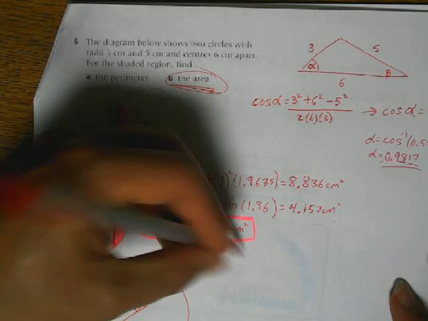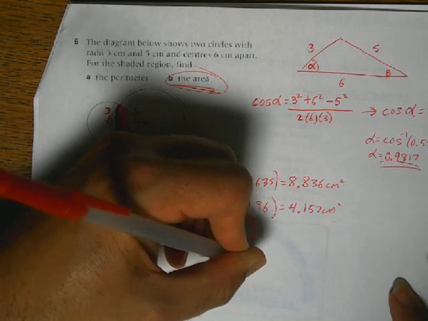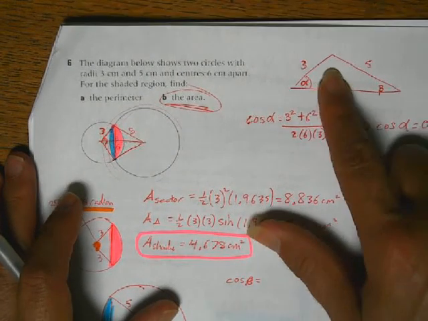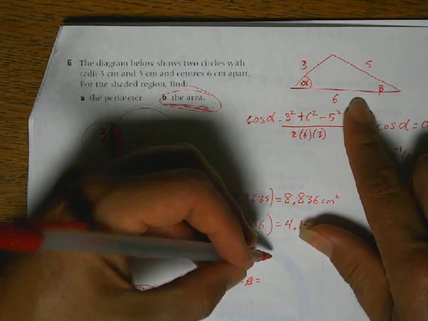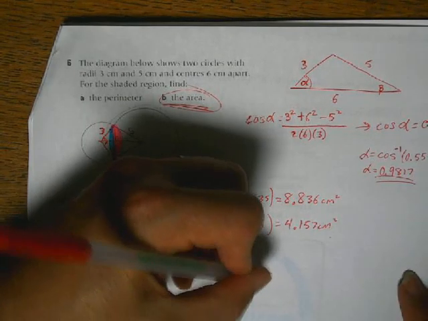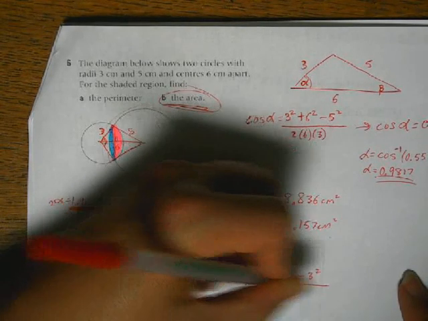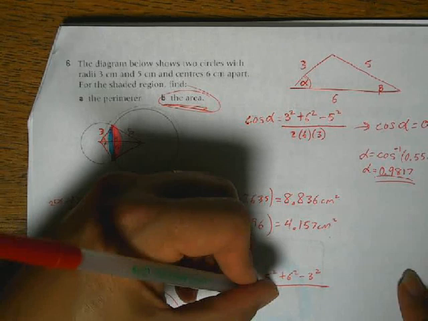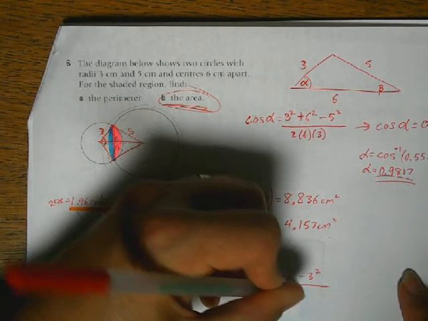So I'm going to say cosine beta is equal to 5 squared plus 6 squared minus 3 squared divided by 2 times 5 times 6.